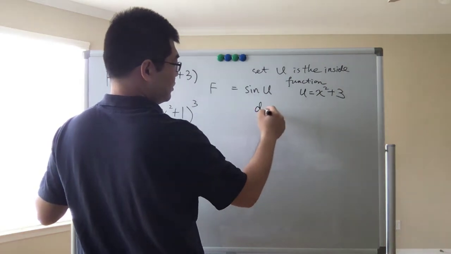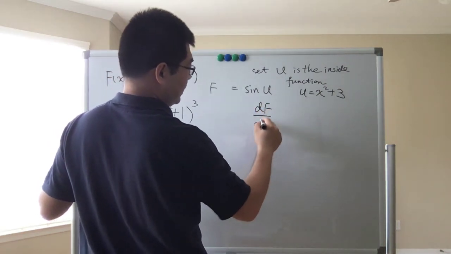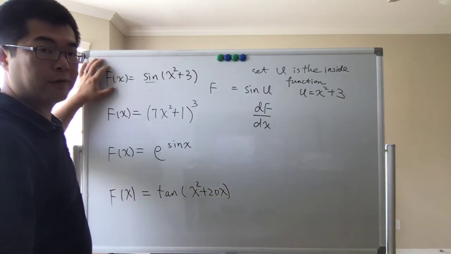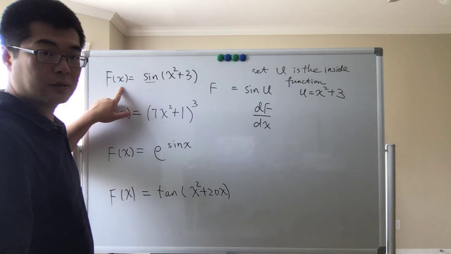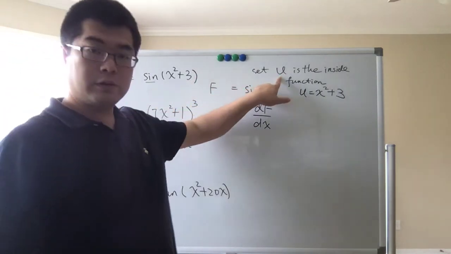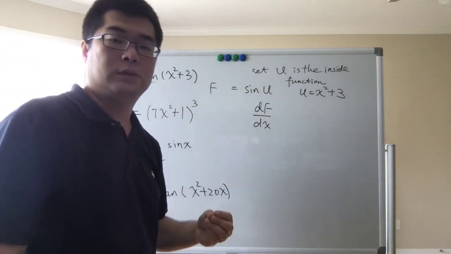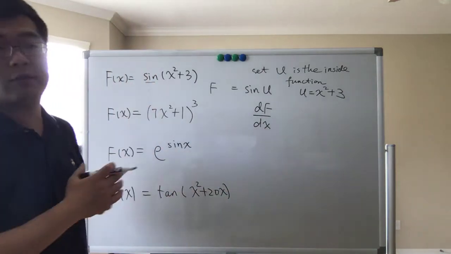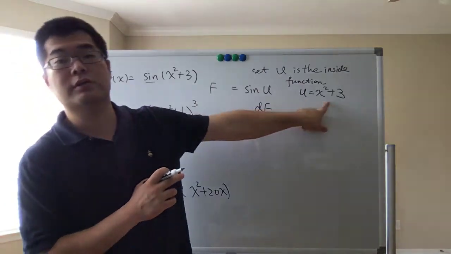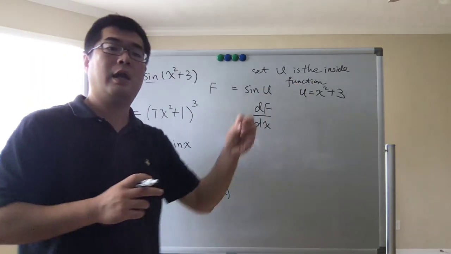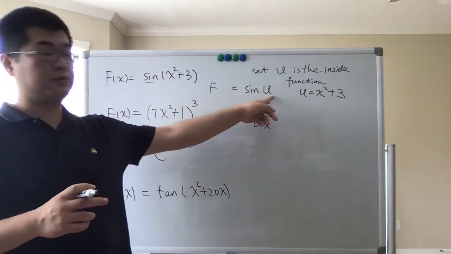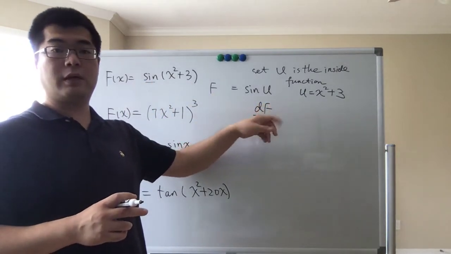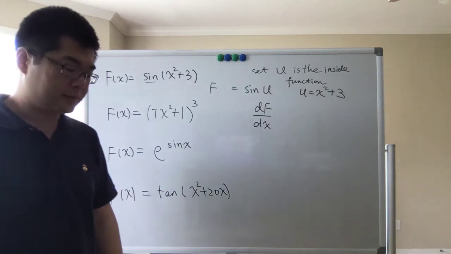What we are focusing on is that we would like to know the derivative of capital F with respect to x, agree? By introducing one intermediate variable, u, which stands for the inside function of that composite function. In our problem, u equals x squared plus 3. And I replace x squared plus 3 with u, and then let capital F equal sine of u. Basically, I'm making a substitution.